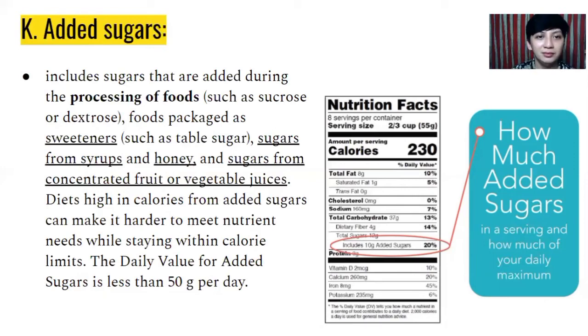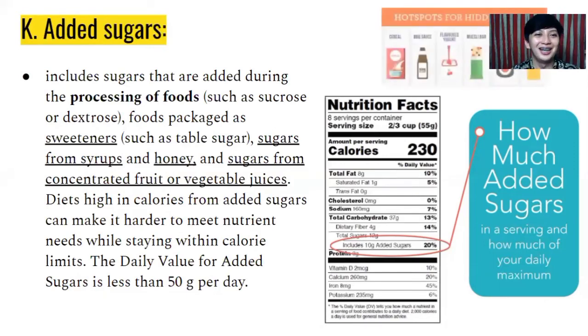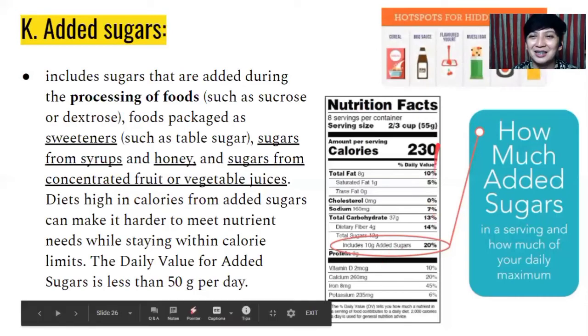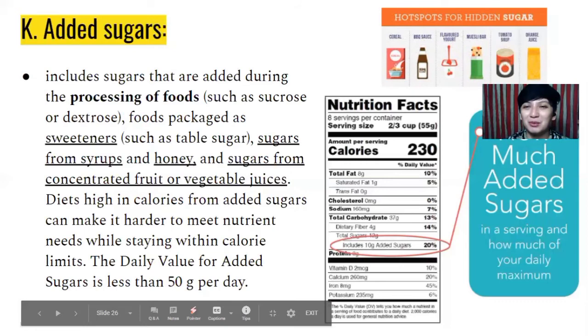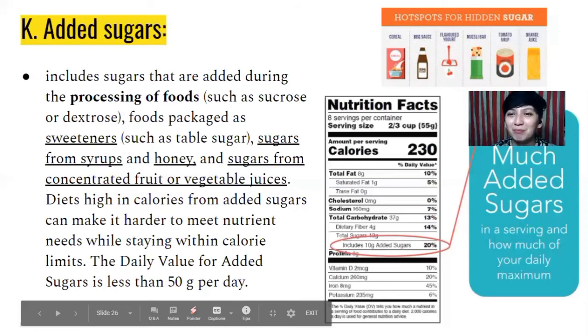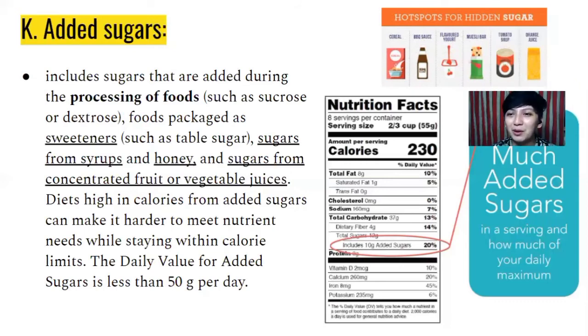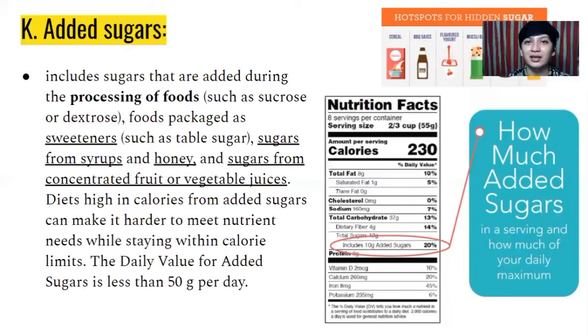See, sweets can make you go crazy too. And then we have some examples of products that has added sugars. We have cereal, we have barbecue sauce, flavored yogurt, and then we have tomato soup, and we have orange juices. Okay, those products have added sugars.